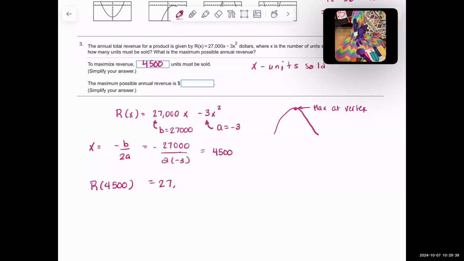So we're going to plug in 4,500 for X. And my calculator says 27,000 times 4,500 minus 3 times 4,500 squared is, what'd you get? You get 60,750,000. Yes.